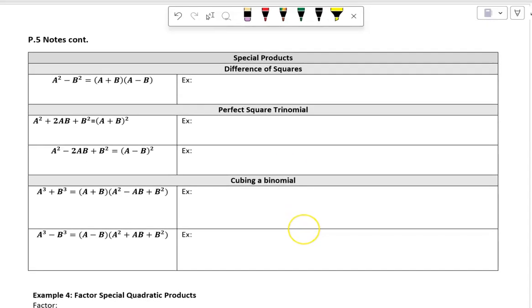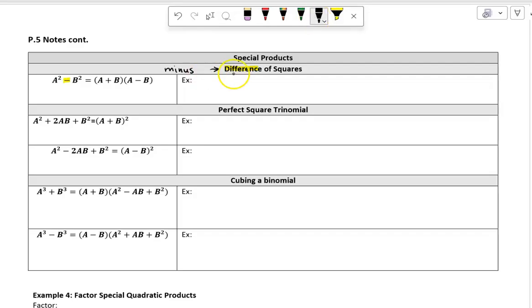So heading to the table, I'm going to have us fill in difference of squares, which we should be familiar with. But a difference of squares, first of all, is a difference, meaning there must be a minus sign. Difference is the key word, and you've got to have that minus sign in between.